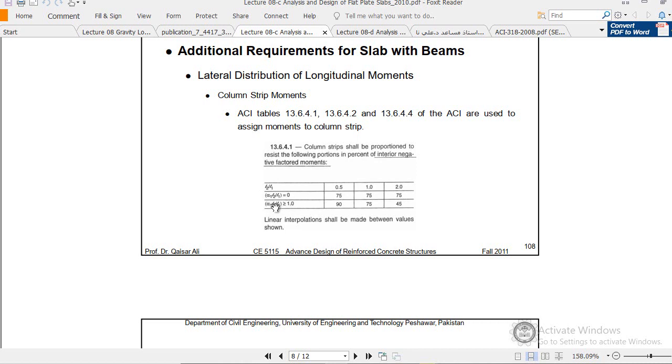We already calculated this ratio and it is 2.16, which is more than 1. So if it is equal to 1 or greater than 1, we have to choose these values. If it is less than 1 and greater than 0, we have to interpolate in between these values, 75 and 90.